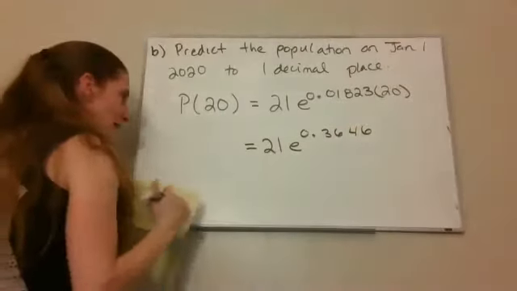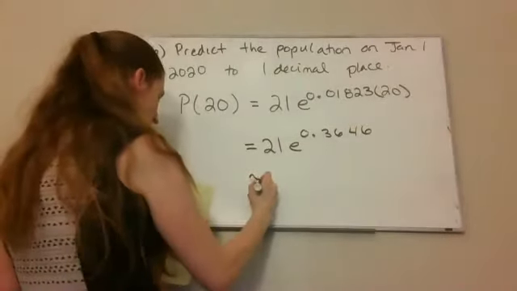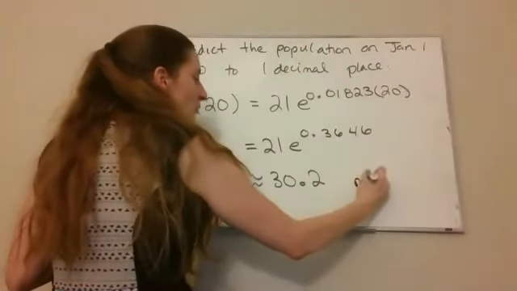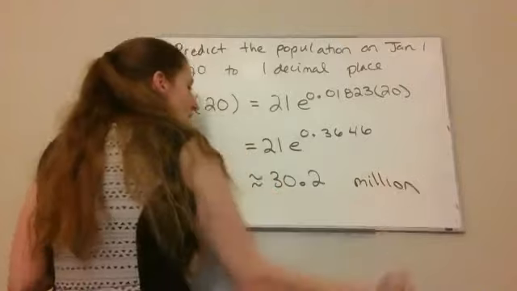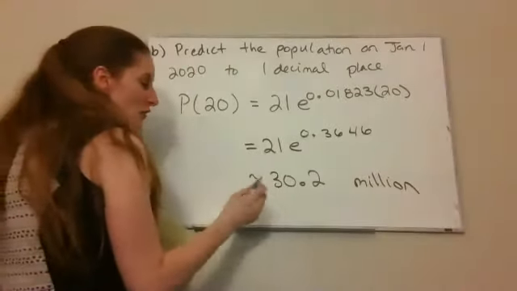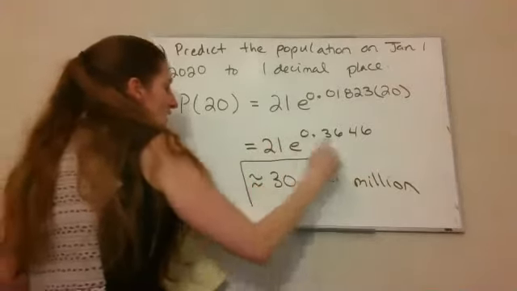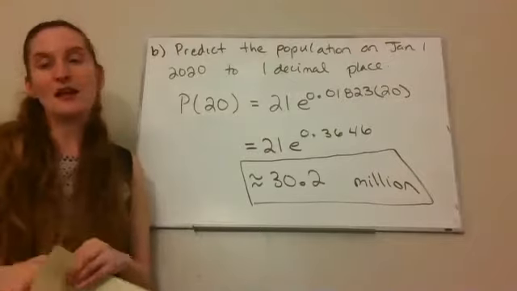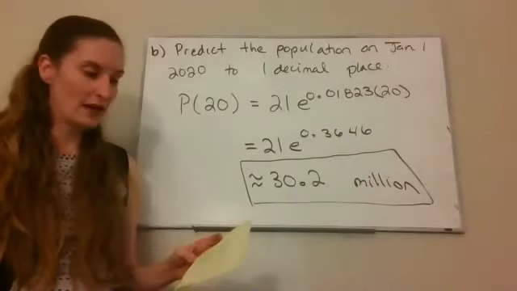Then I type this in to get about 30.2. Remember, we're talking about population in millions. So this says that if it continued to grow at that same rate, the population of Texas would be about 30.2 million by January 1st, 2020.